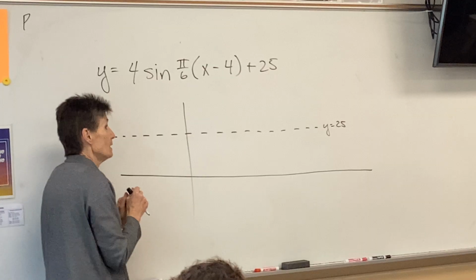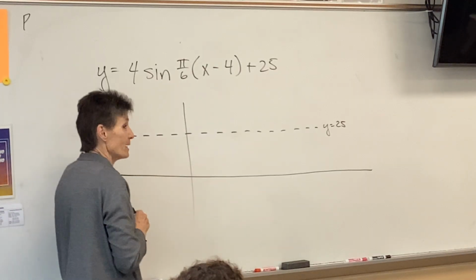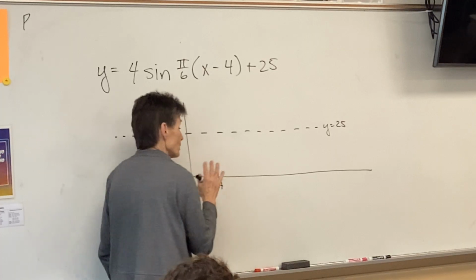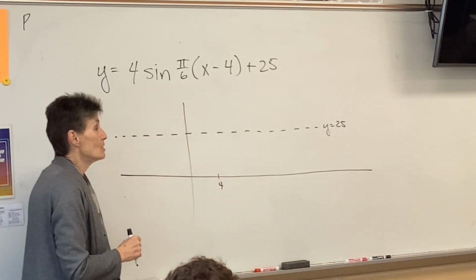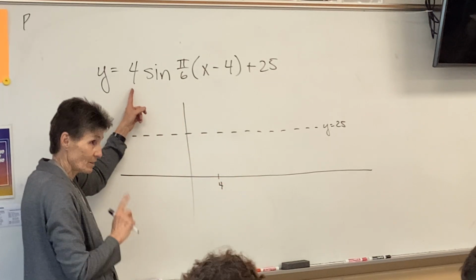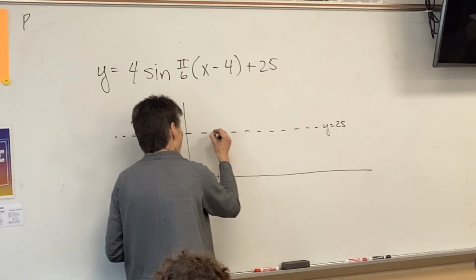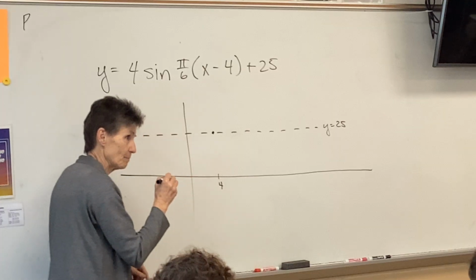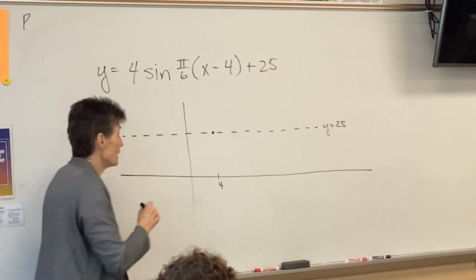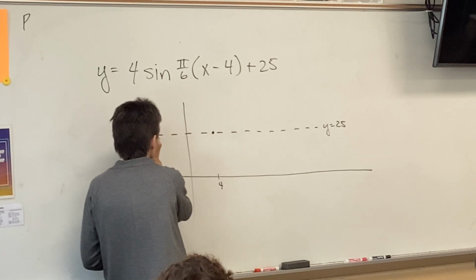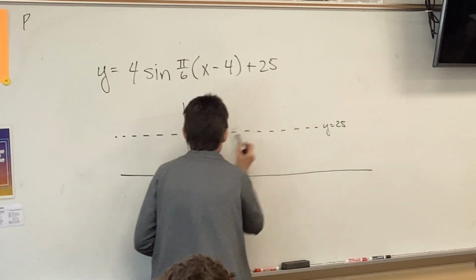All right. Now, I can tell from my equation that my phase shift, horizontal shift, is 4. So my positive sine curve is starting on the midline at 4. And it is going to go up, and if you want to put in lines, you can.